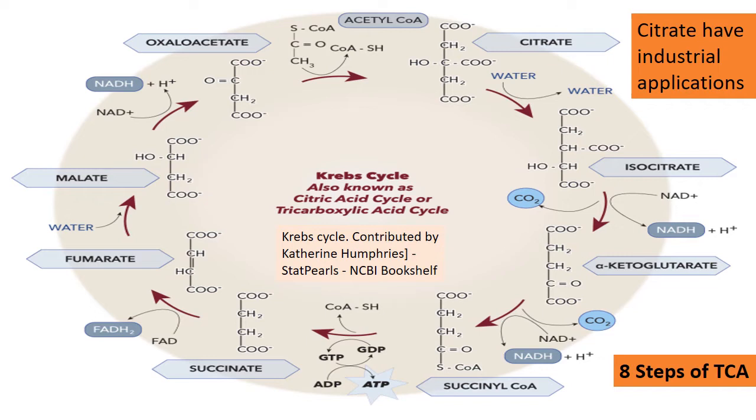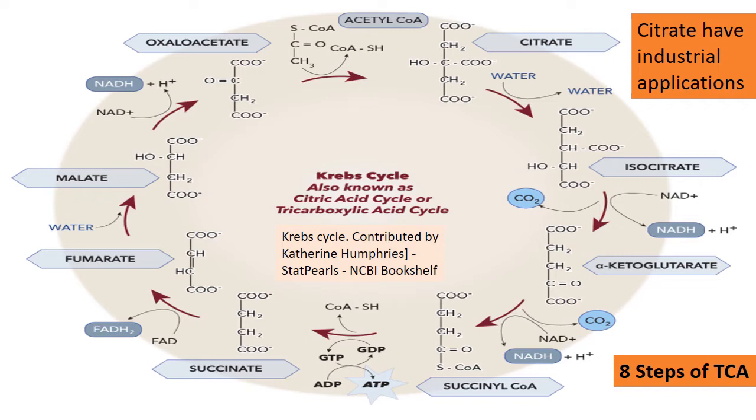Then isocitrate to alpha ketoglutarate conversion is again an irreversible reaction, and alpha ketoglutarate conversion into succinyl-CoA is again irreversible. The conversion of succinyl-CoA into succinate, the 5th step, is reversible, like the conversion of succinate into fumarate, fumarate into malate, and malate into oxaloacetate. All these are reversible reactions.